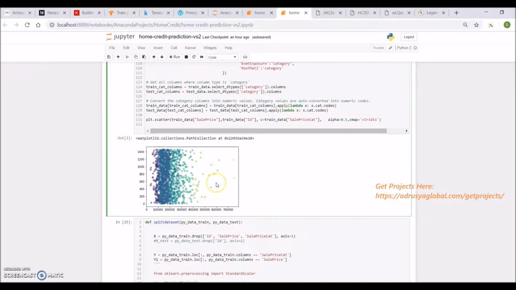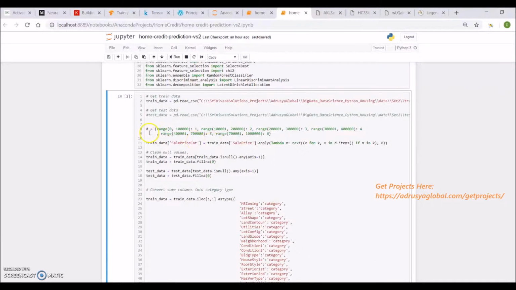In order to know the correct possible sale price ranges, we projected the sale price data to see its distribution, and we find that it could be conveniently classified from 0 to 100,000, 100 to 200, 300 to 400, and so on. That was what was done here, and we have come up with 6 ranges. So now our new target variable is sale price category.